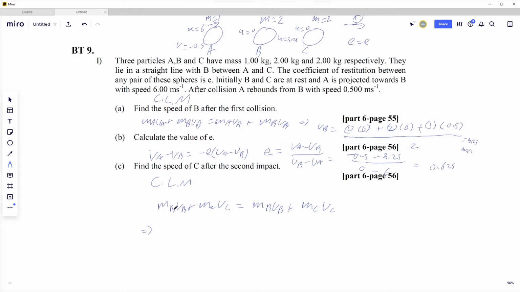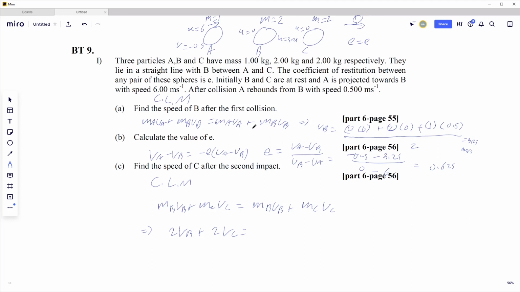And this is where we'll substitute. MB is 2. VB we do not know. Plus again 2, VC again we do not know. This will be 2 times UB, the speed we just got after the first collision, so it's better to say before the BC collision.